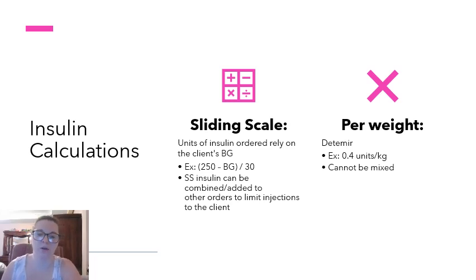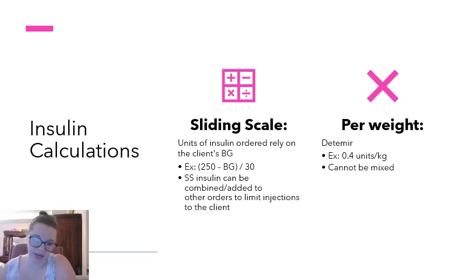Okay, so depending on the facility, some facilities want you to do half, round to the nearest 0.5, but in our case, we're going to do most likely to the nearest whole number. So you would give 2 units of insulin for that patient in that instance that they got a 200 blood sugar finger stick. Okay, so insulin can be combined and added to other orders to limit injections to the client.